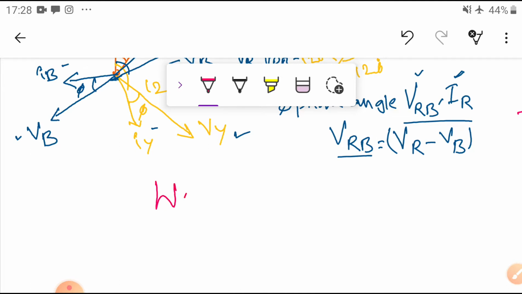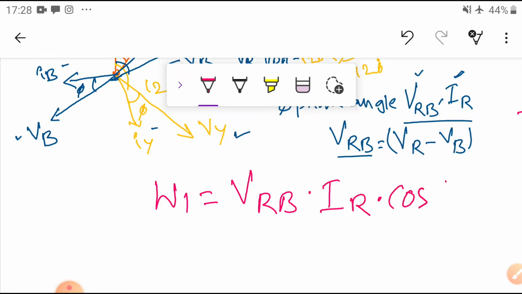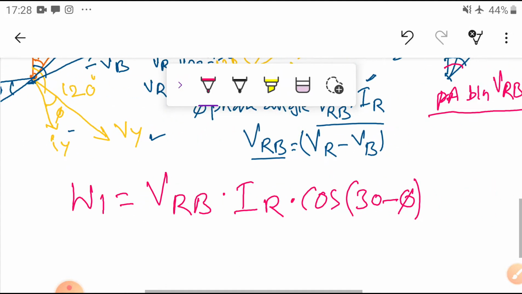The W1 wattmeter reading is equal to the pressure coil voltage VRB, times the phase current IR, times cos of the phase angle, 30 minus phi. This is equation 1.